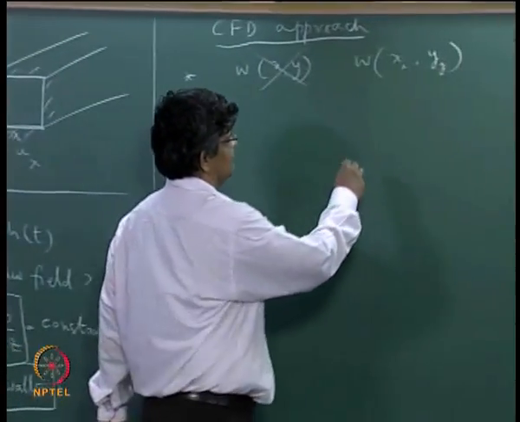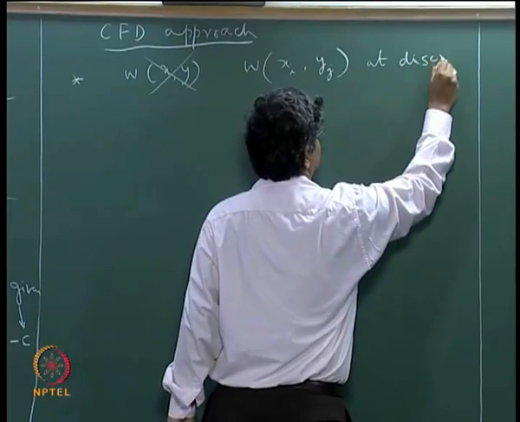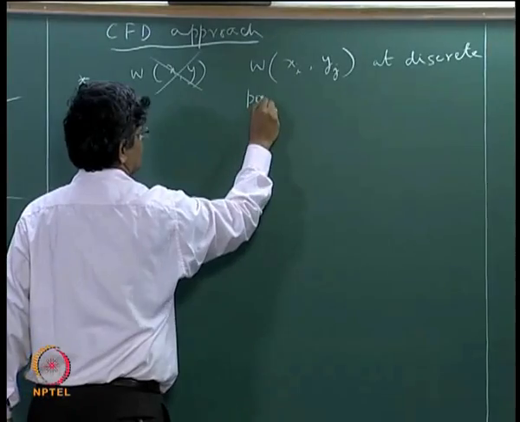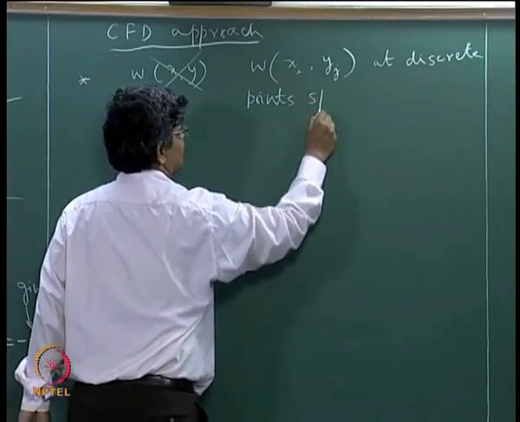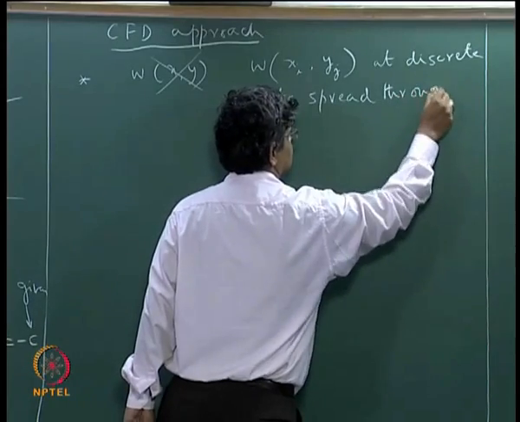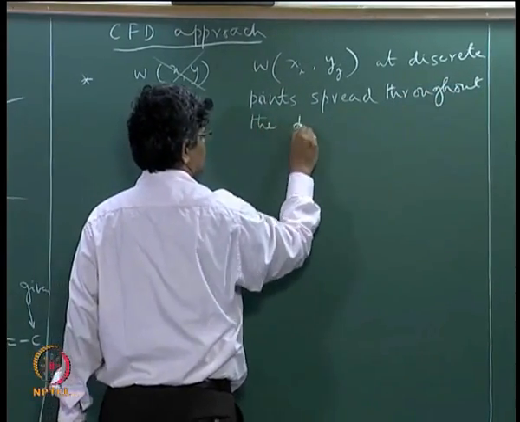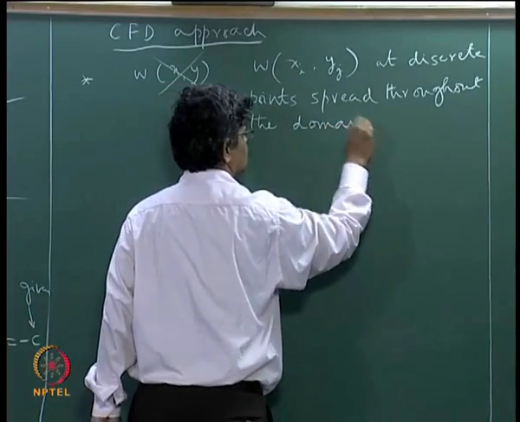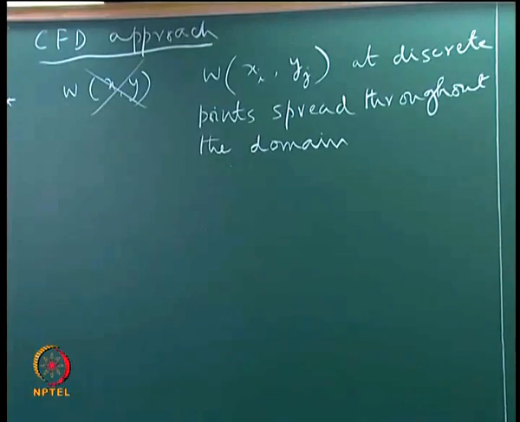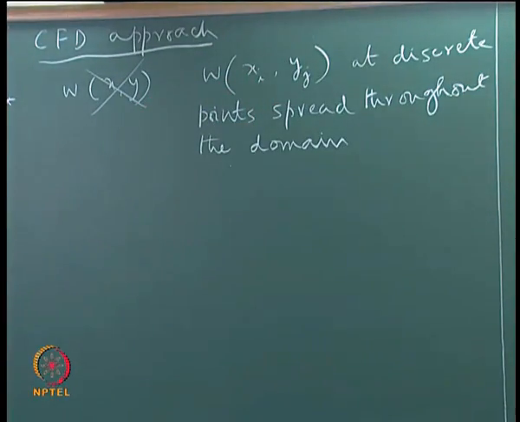Okay, so we give w at discrete points spread throughout the domain. And if you want to have a solution at a point which does not coincide with any of these points, for example, we have these things.